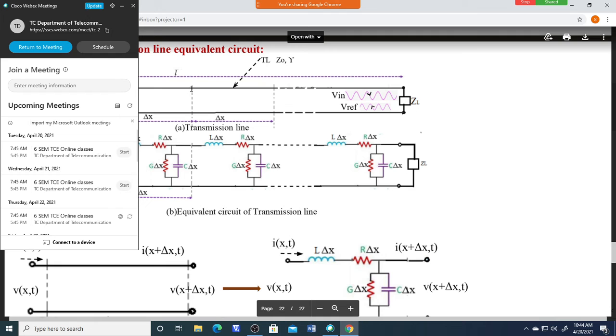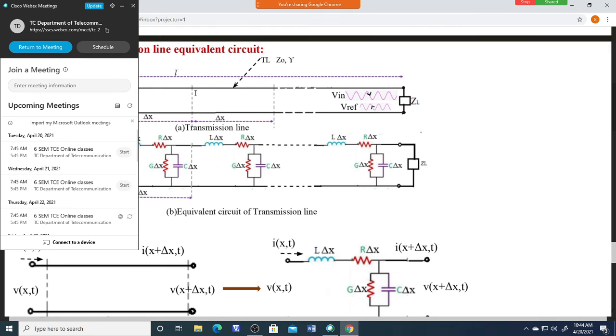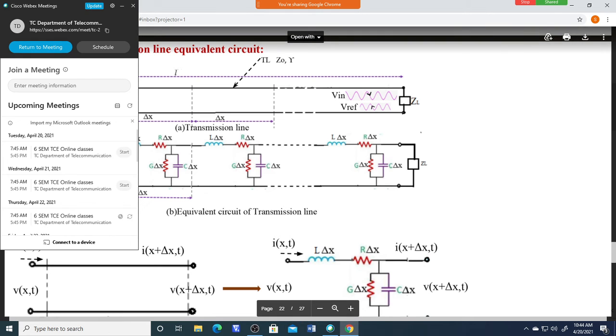By the time it reaches here, its values change, voltage value or current or it may be impedance changes. If you know how it changes as it moves from here to here, that repeatedly we can apply for any length.